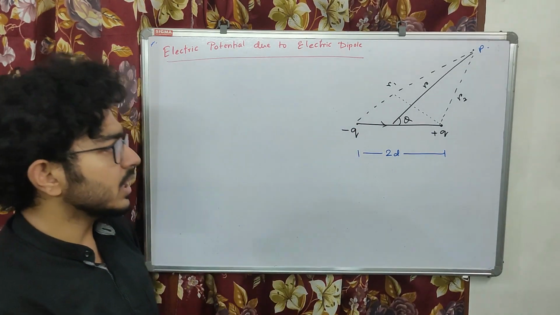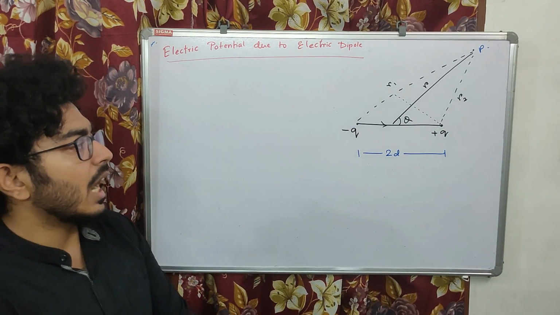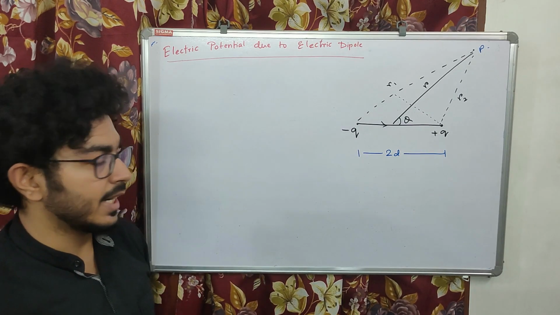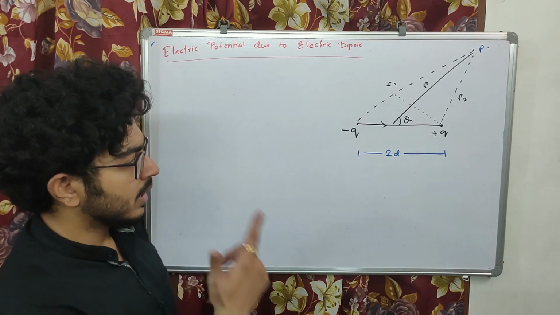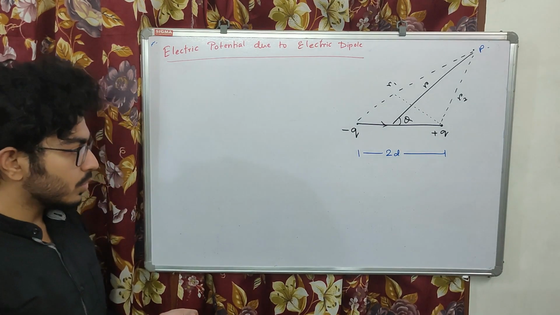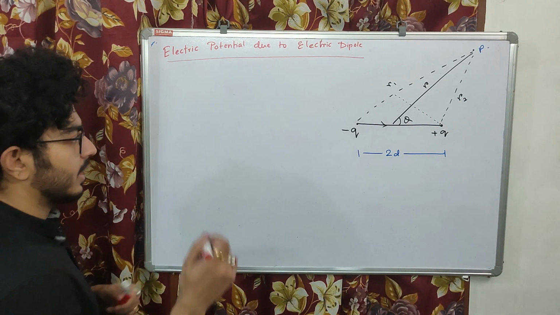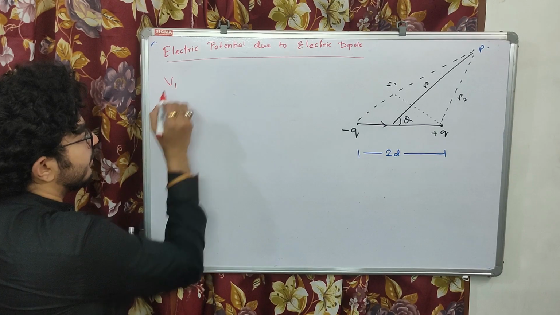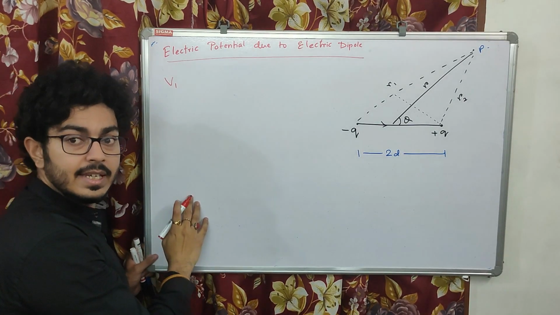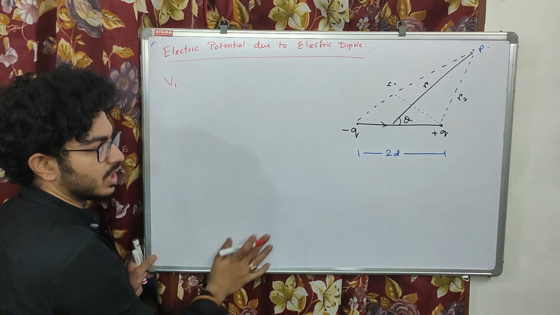Now we are going to understand what will be the potential at point P. So come, let us understand. Let us say V1 means the electric potential due to this negative charge.